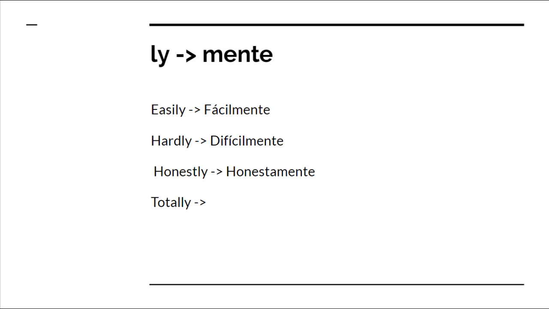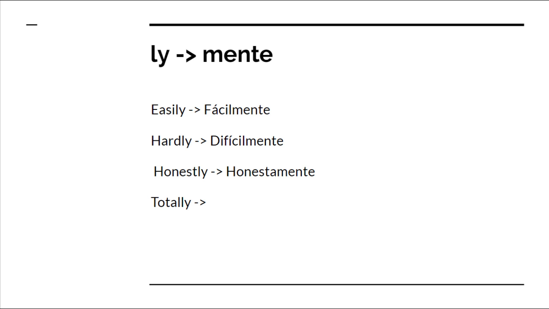If you know that in Spanish easy is fácil, and you also know that "ly" is "mente," okay, so if you want to say easily, you know that easy is fácil, "ly" is "mente," so easily is fácilmente, okay? Fácilmente. You just add the "mente" at the end, and that's it.